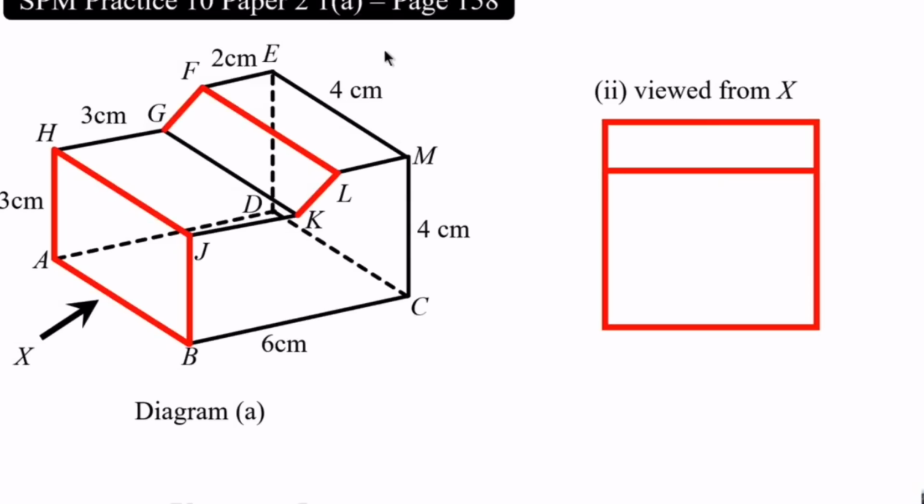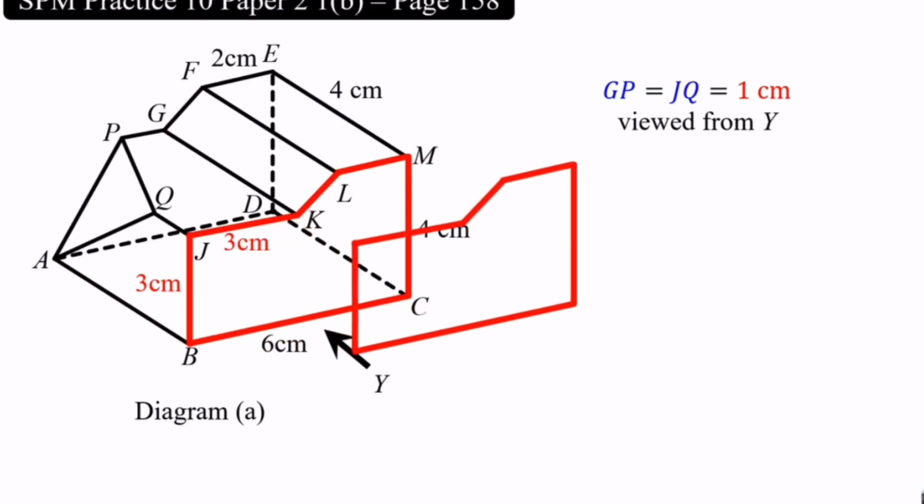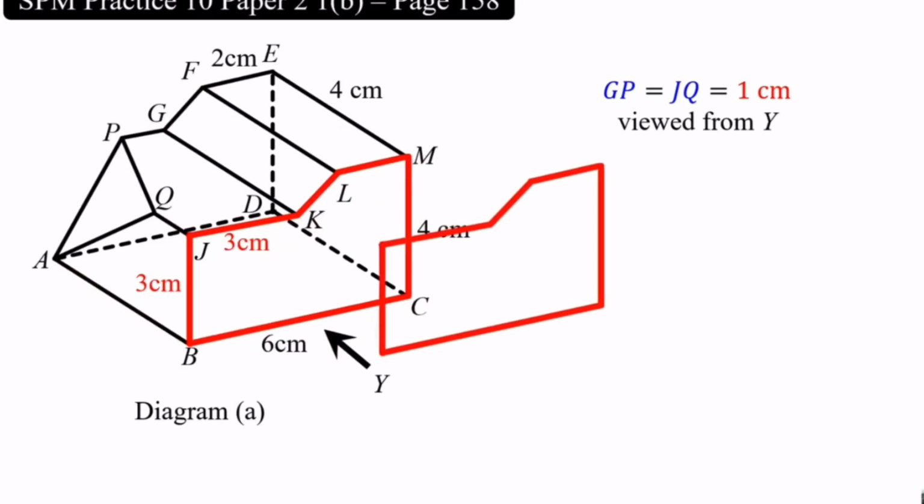Okay, now we want to do the drawing for the side elevation from Y. So let's have a look at the frame. We call it the frame. We highlight the frame viewed from Y. So we highlight using the red highlighter.